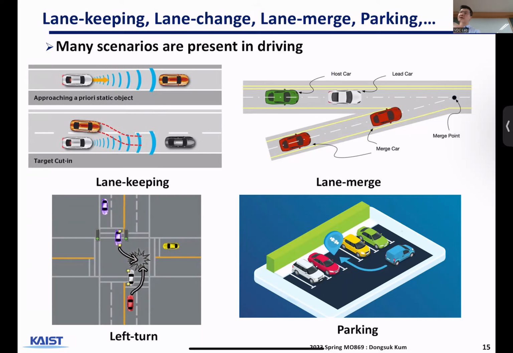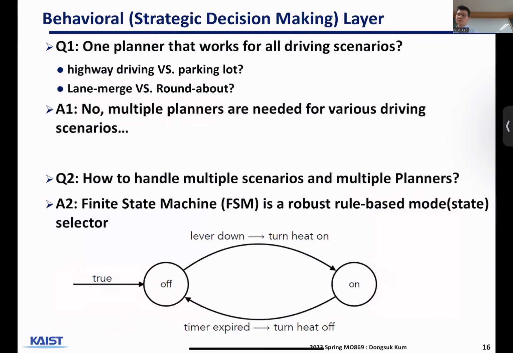Eventually, when you get to the destination, you need to park. So there are these different tasks, different scenarios that an autonomous vehicle needs to handle. And here's the question, so please think about it. Do you think there is one planner that works for all driving scenarios?